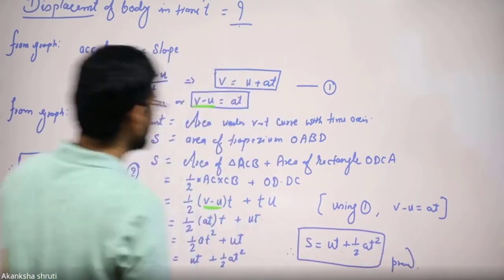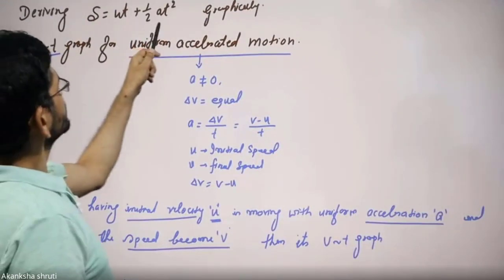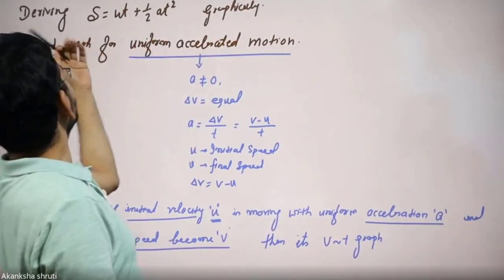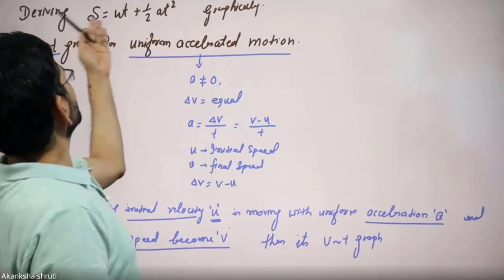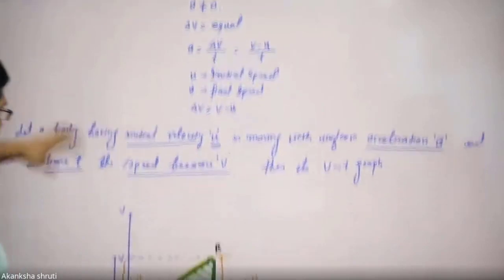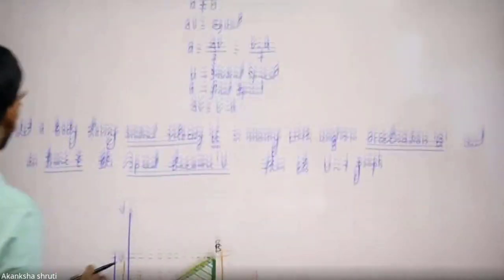Okay, student? Keep in mind this question is directly asked in this way. Derive S equals to UT plus half AT square by drawing the VT graph, or even if it is just asked, prove S equals to UT plus half AT square, still you have to do this. So student, this was our explanation. You can leave this much, but you have to start from here.